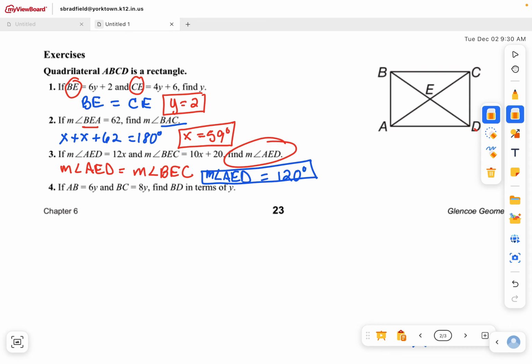All right, and then for number 4, it says AB equals 6y, BC equals 8y. So these are segments this time. AB is 6y, BC is 8y. We want to find BD.